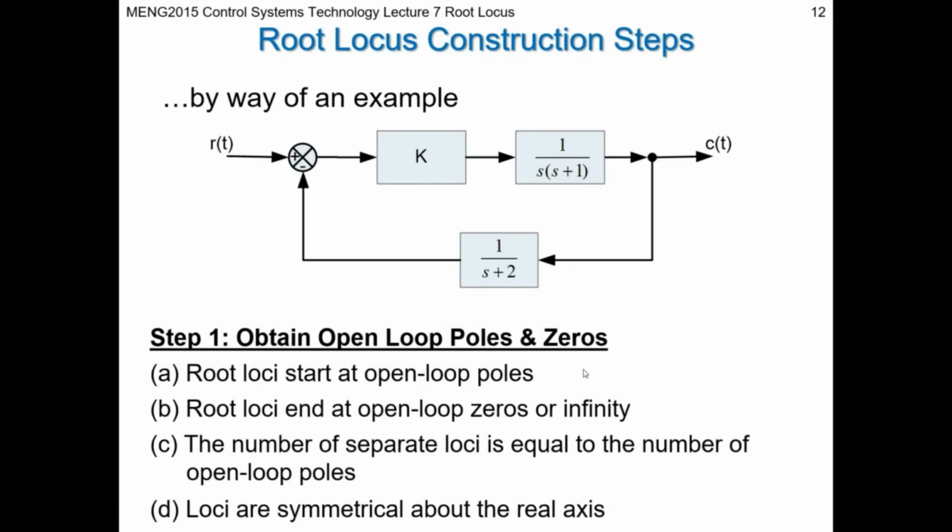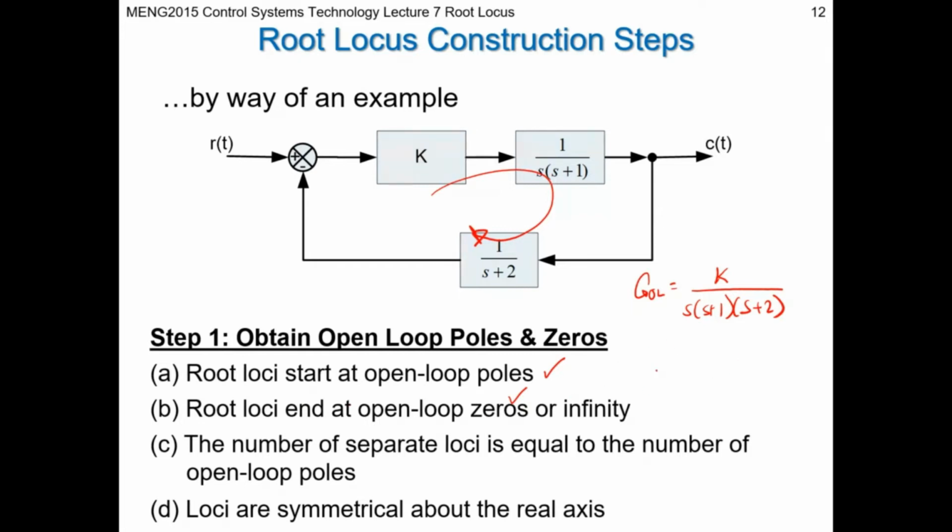The first thing we have to do when we're plotting the root locus is take the open loop transfer function, and then we get the open loop poles and the open loop zeros. We have to find those. So what's the open loop transfer function? We can call that GOL, and that will be, as the arrow shows, K times 1 over s into s plus 1, s plus 2.